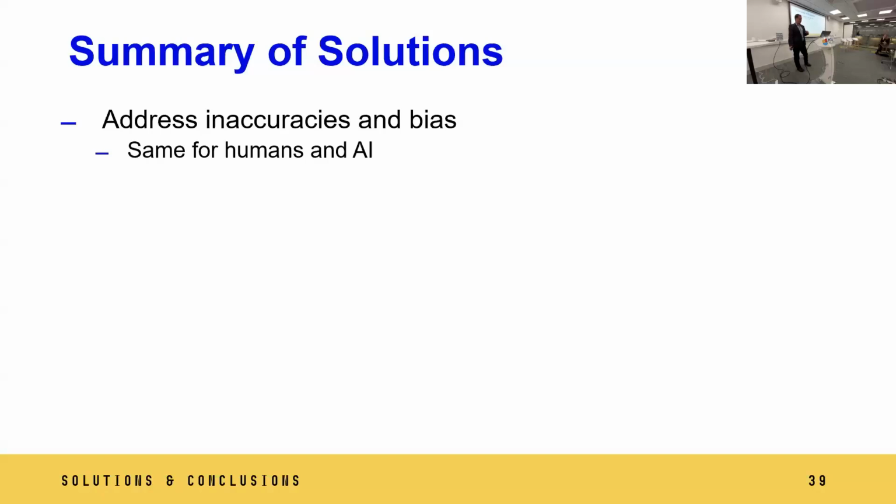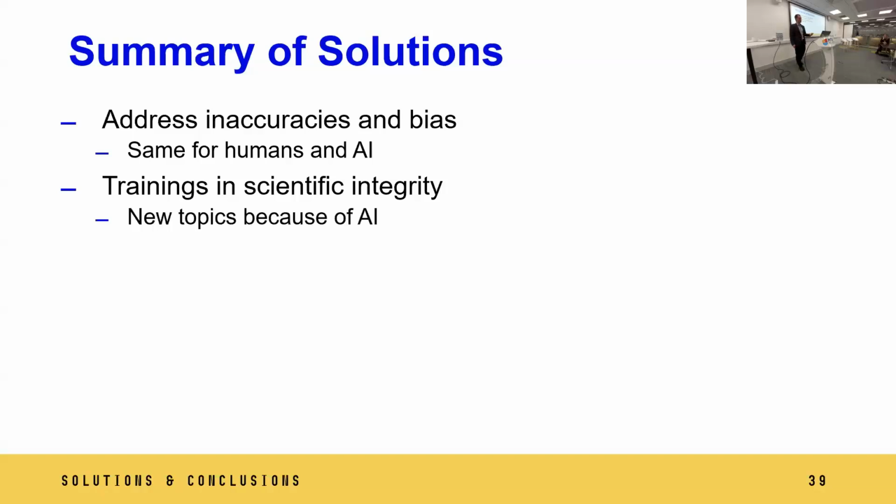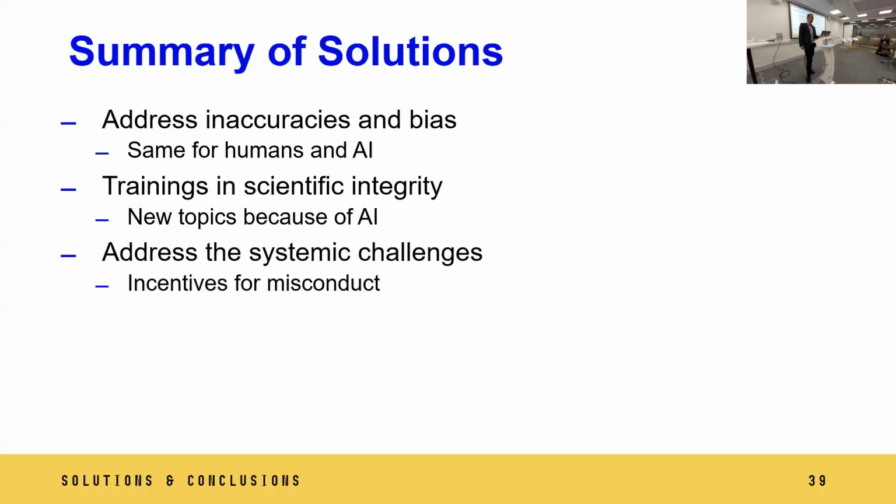So coming to the conclusion, the inaccuracies and bias are the same for humans and AI. Training is needed in scientific integrity, maybe introducing some new topics because of AI. And we still need to address the systemic challenges that create the incentives for misconduct.